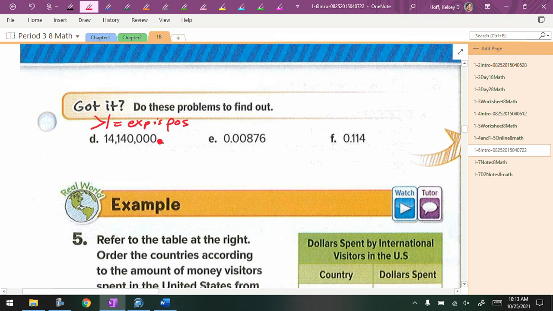We need to place our decimal point to follow scientific notation rules of 1 digit in front of the decimal. Where should I place my decimal point so that only 1 digit is in front of it? Is there only 1 digit in front of that decimal?